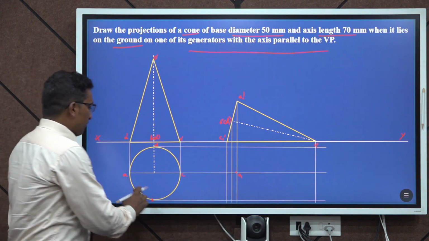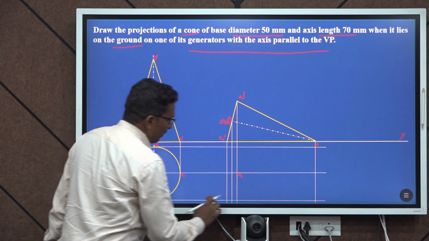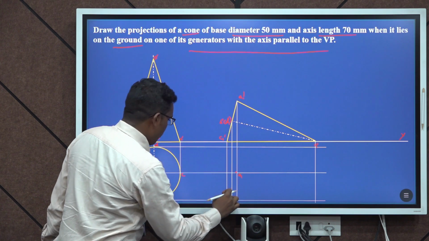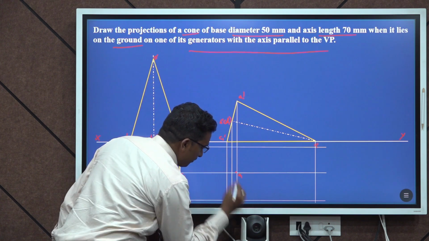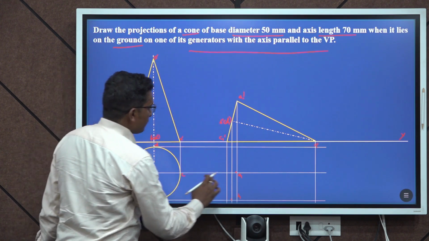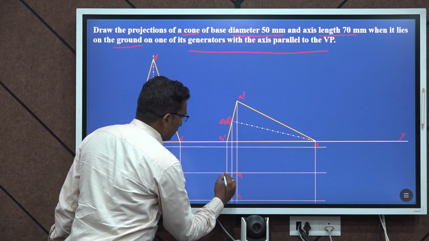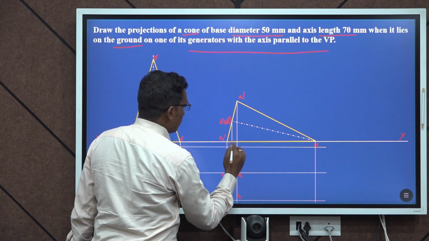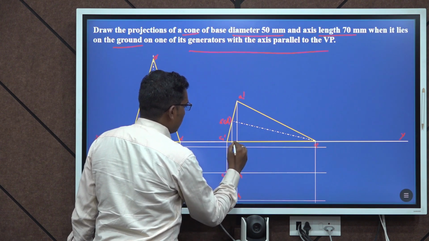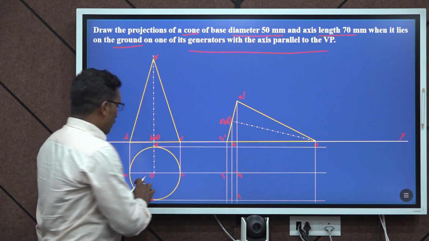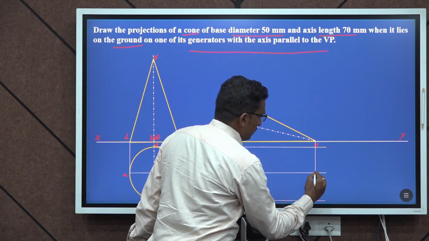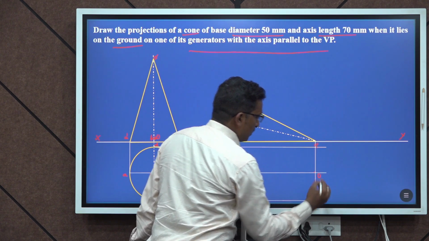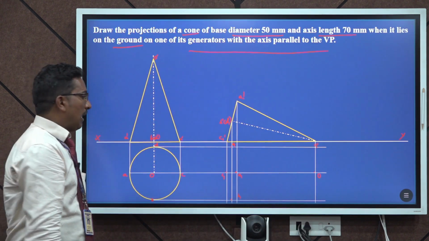Likewise B, from the circle B, and from this diagram we have to locate B. The points meet here, B1, and likewise C, and then D, and O. Now I am going to join the lines.